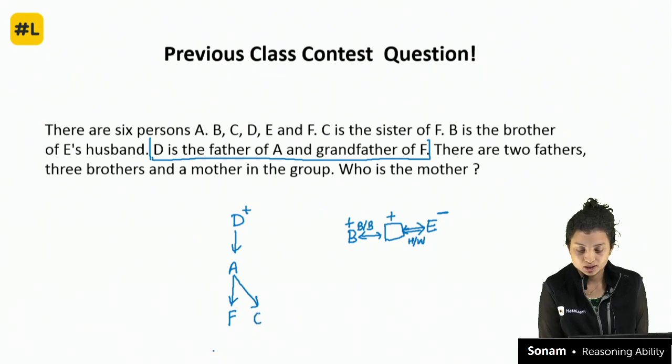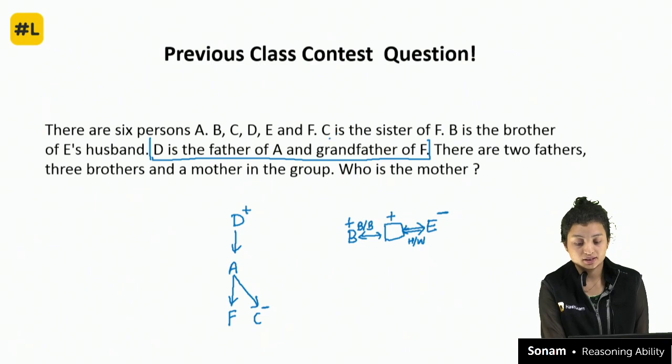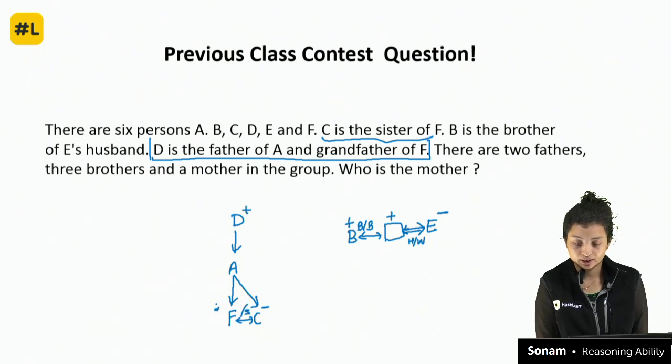C is sister of F, so obviously A has 2 children. C is sister of F, female. Now we have done this statement, right? C is sister of F, here sister, I don't know whether it's brother or anything. B is brother of E's husband, this we have done. D is father of A and grandfather of F. Now read it.